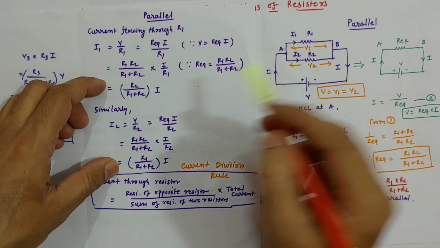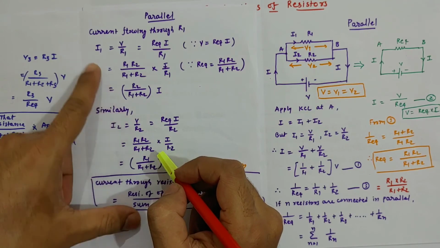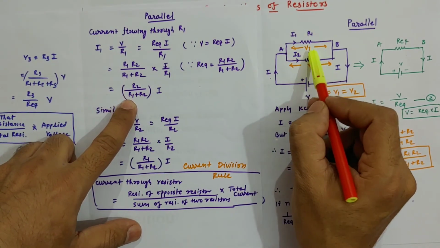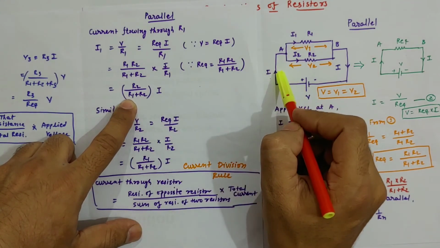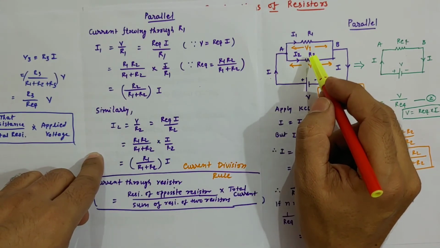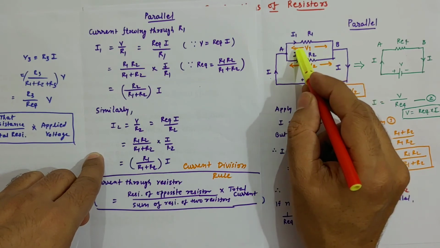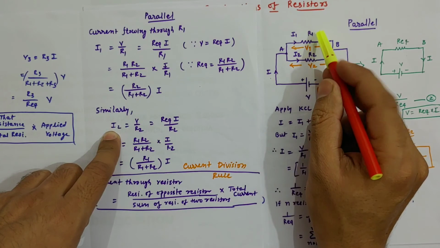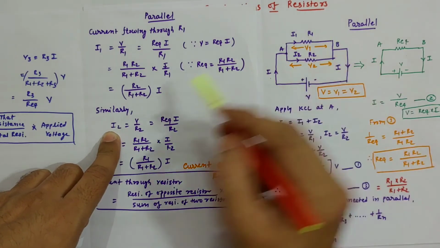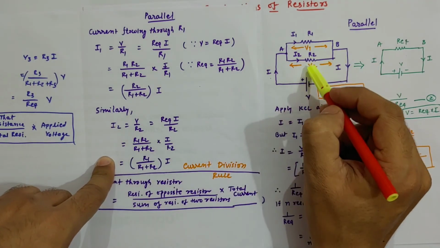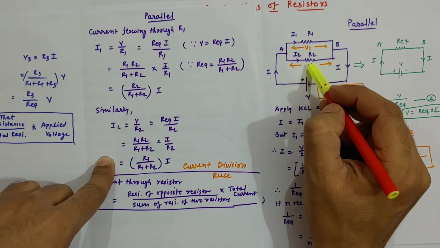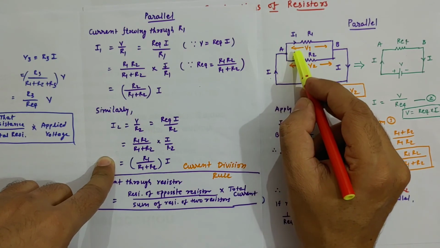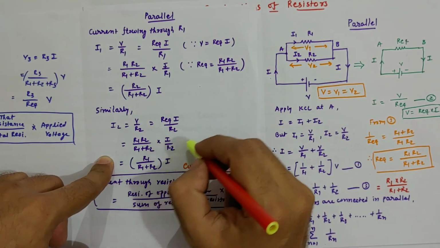If we want to find the current in R2, that is I2, the equation would be: the value of resistance in the opposite branch, that is R1, divided by the summation of the two resistors R1 plus R2, multiplied by the total current. This is called the current division rule.